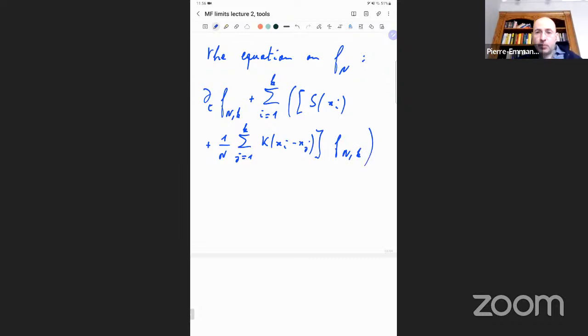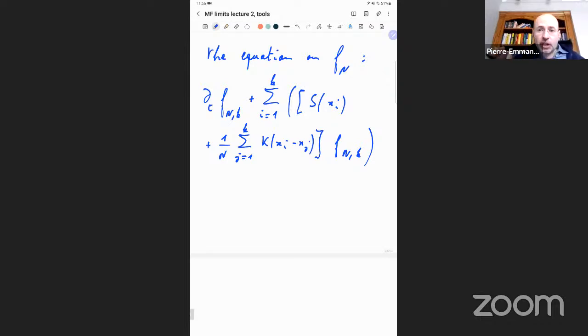Okay, so the beginning is very simple, right? And it's what happens when I'm integrating the equation on Fn. I have the self-interaction term because that depends on xi, so I get the integral, or in the expression with the sum.